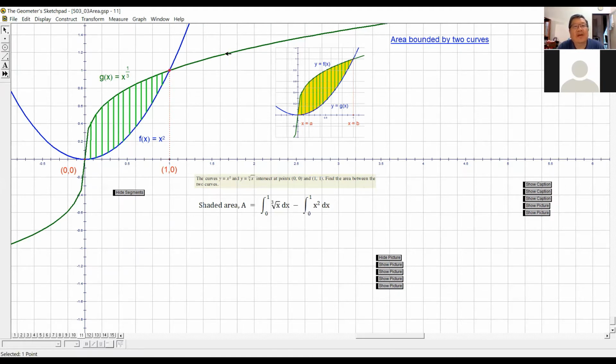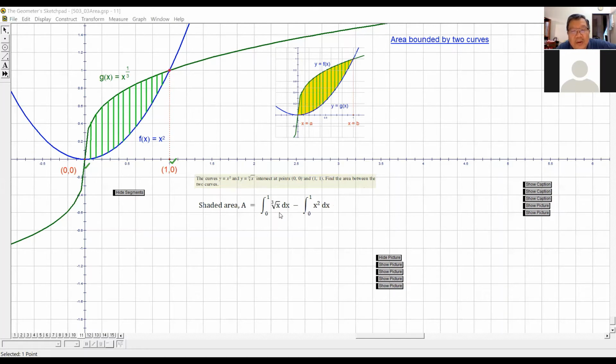One more time, maybe I show you here. This part is 0, and this part is 1. You see the two points of intersection: one is at 0, one is at 1. So I want to find the area between them, and I integrate from 0 to 1.